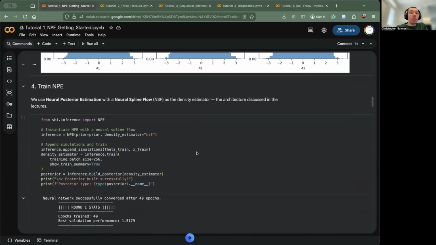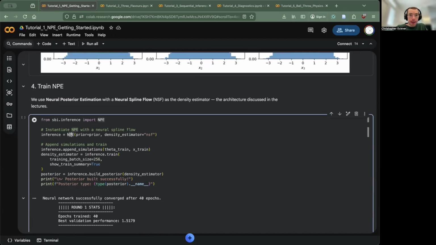Then what we need to do next is train the inference. As I said, SBI is very modular and easy to use. You just call NPE, neural posterior estimation. You specify a prior and the density estimator, which is here the neural spline flow that we discussed before. Then it's in principle just plug and play.